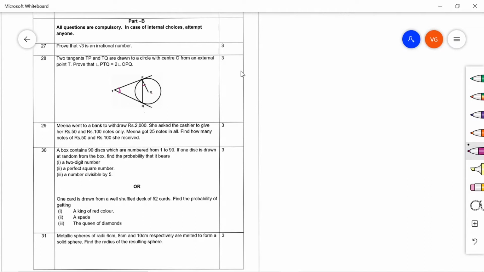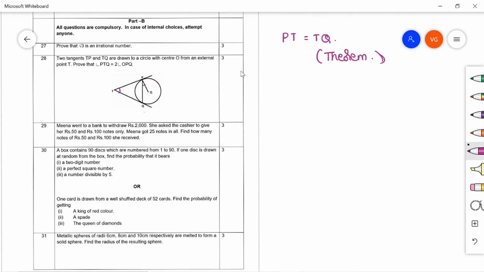So now we know that the tangents that are drawn from the external point to a circle from the same point, they both are equal. That means PT is equal to TQ, right? So by the theorem, that theorem you have to write it down: the tangents drawn from an external point are equal.